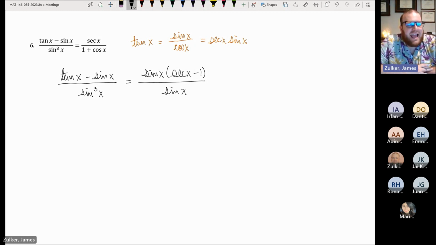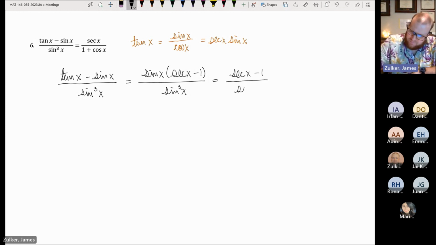This means that the numerator has a sine common. So that should be a sine cubed in the denominator. So this is where we're at right now. Secant x minus 1 over sine squared.